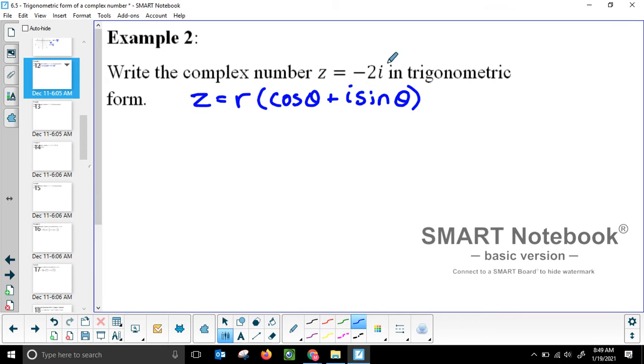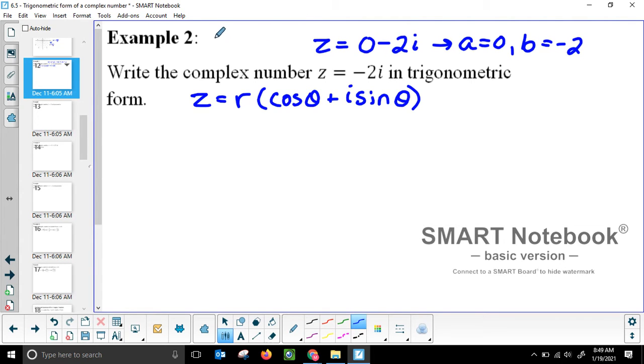Now this is the same thing as z equal to 0 minus 2i because there's no real part to this complex number. So my a is 0 and my b is equal to negative 2.